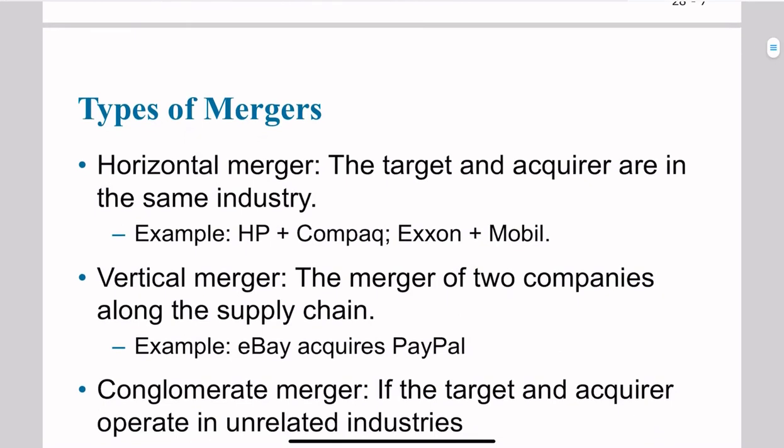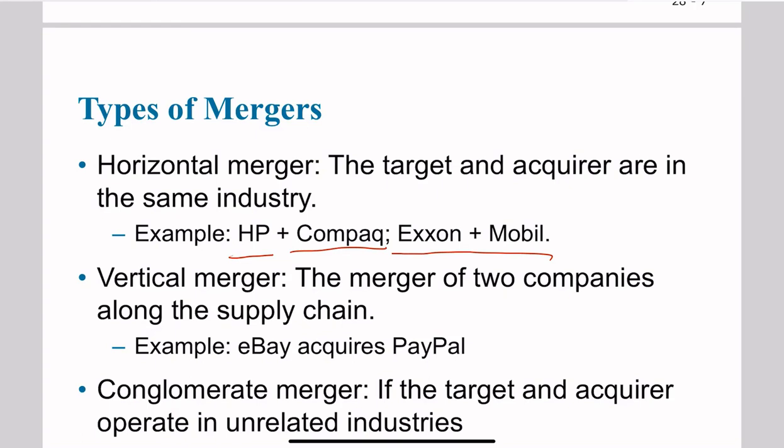For example, HP merged with Compaq. I forget the year, but both of these firms produced laptops. And Exxon merged with Mobil, which created Exxon Mobil.